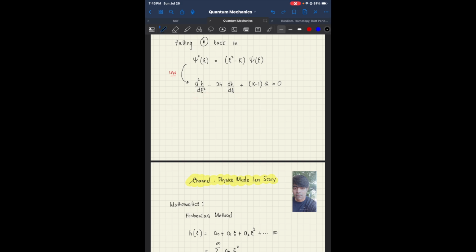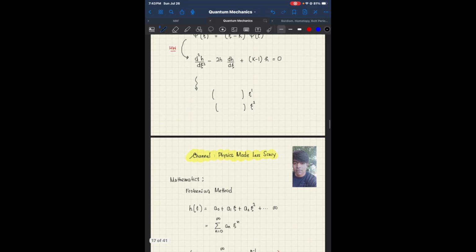So this equation will reduce to something order by order, right? Something times psi to the 1, something times psi squared, plus so on and so forth.